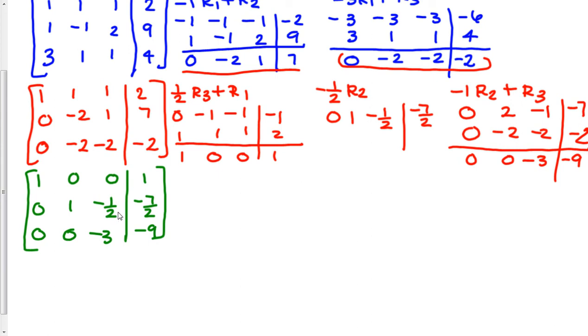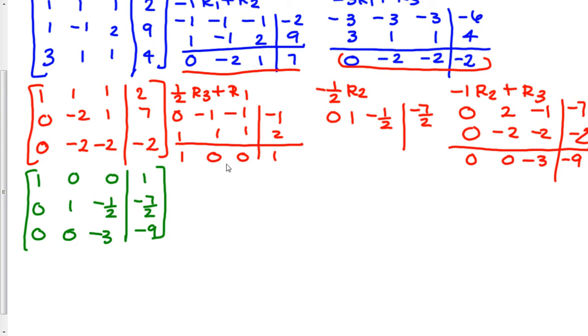In order to get rid of it, I'm going to multiply my row 3 by a negative 2 over 6. Let's see if that works. Not 2 over 6, sorry, 1 over 6.